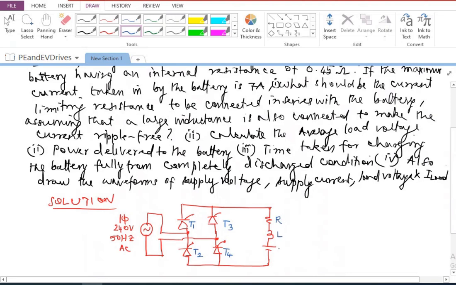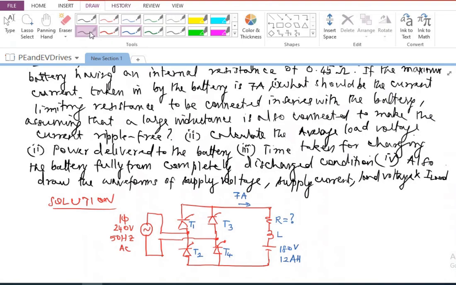This is L, and this is going to be 180 volts and 12 ampere hour battery. And what is the current that is flowing is average current of 7 amperes, not anything more than that. So what is being asked is what should be the resistance value if I want to limit the average current to 7 ampere.